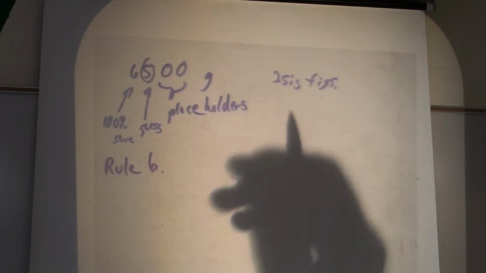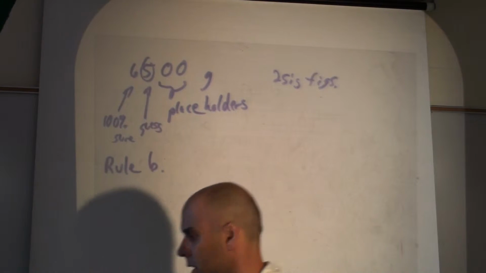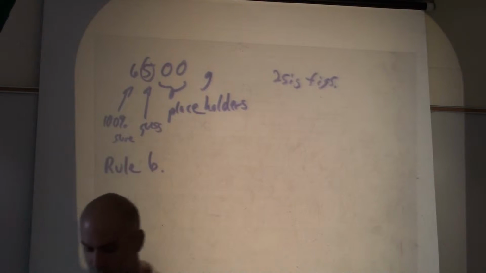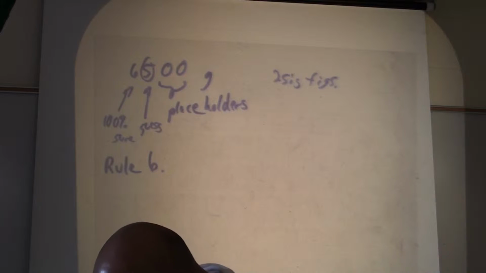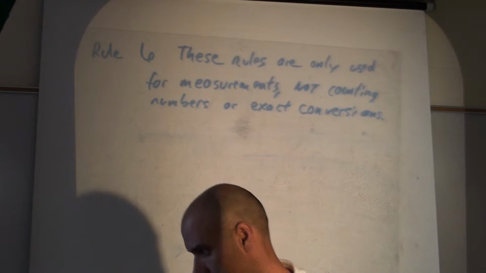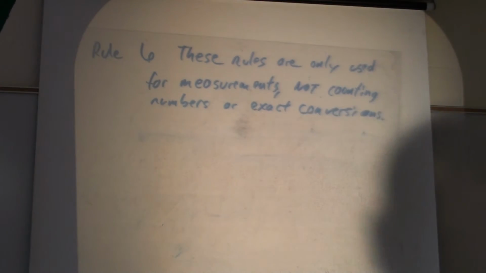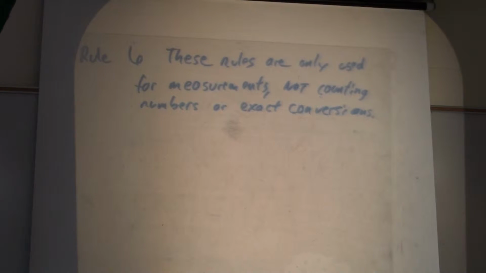Rule 6 is these rules are used for measurements only, not counting numbers or exact conversions.